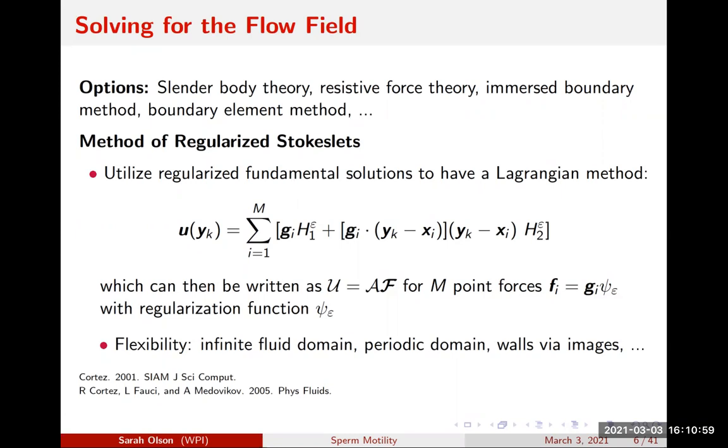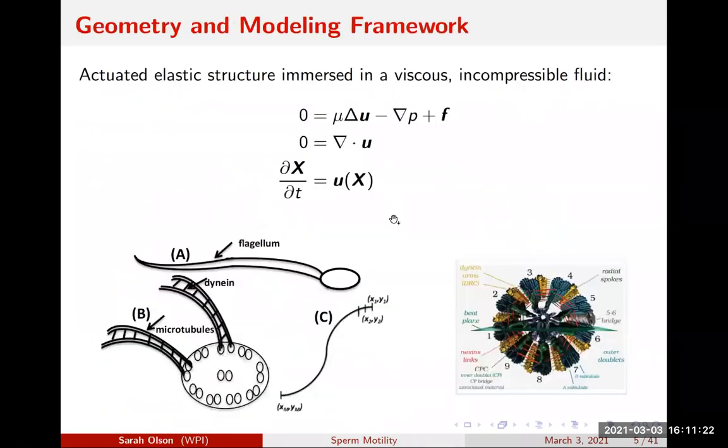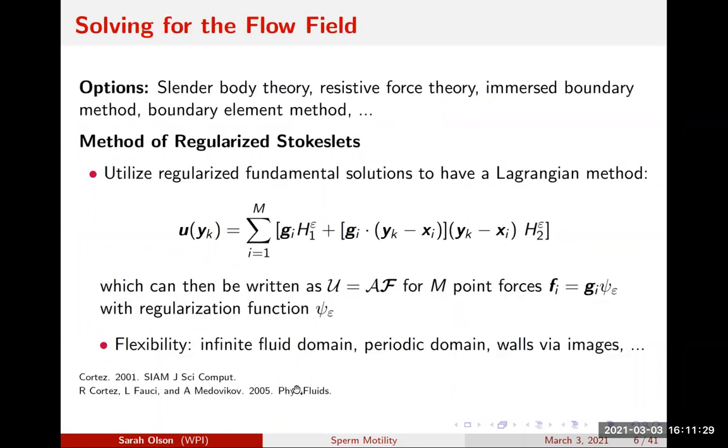In general, we've been using the method of regularized Stokeslets developed by Ricardo Cortez for a variety of reasons. I like the method of regularized Stokeslets because we have these fundamental solutions. If I think about my really simplified structure here, and discretize my swimmer or my filament into some point forces, I can think about creating a Lagrangian method.